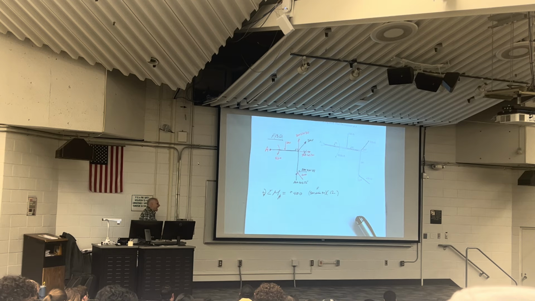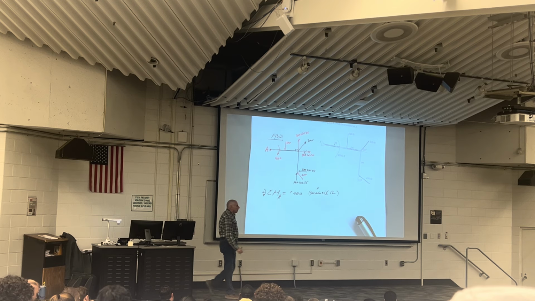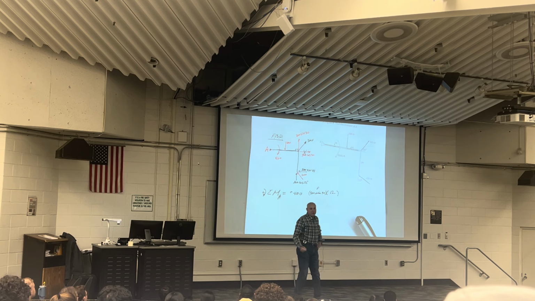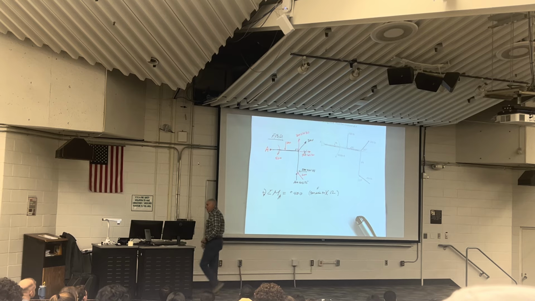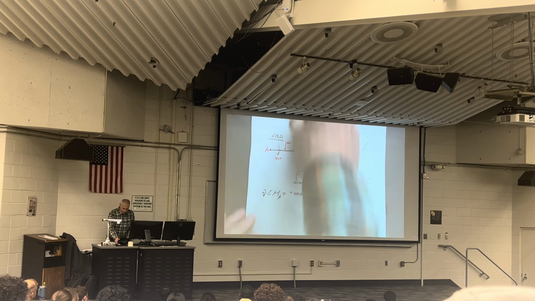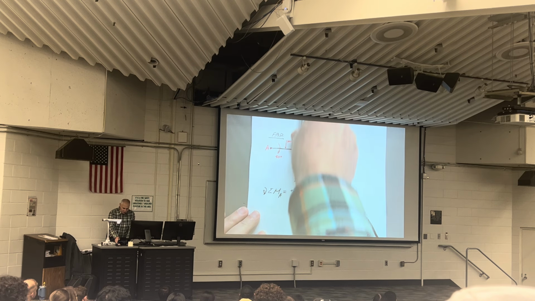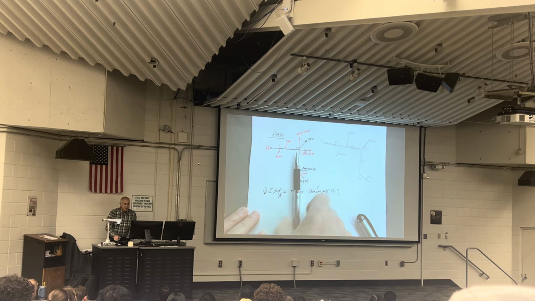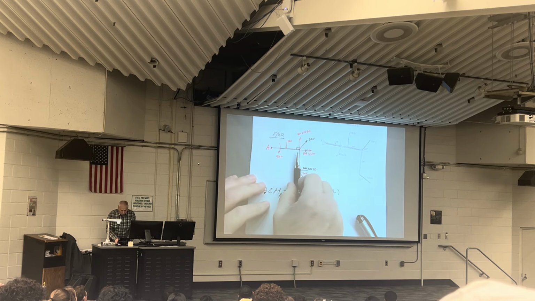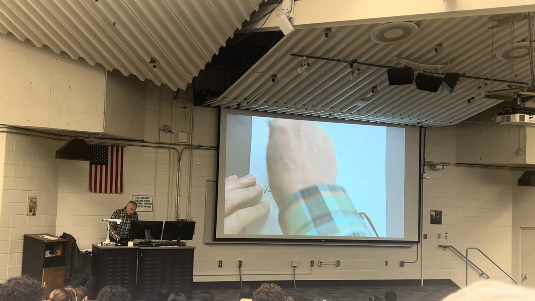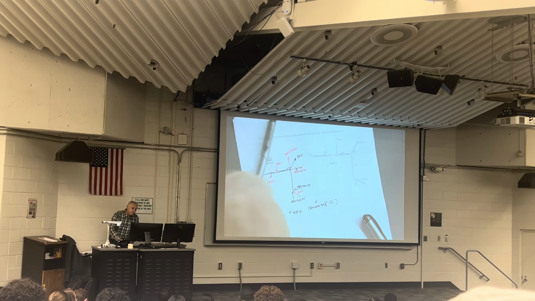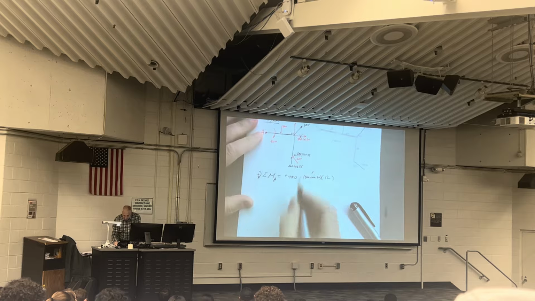I need to put a sign on it. I'm going to move this sucker along its line of action down to here like so. That would be the principle of transmissibility. I now go around A in a natural order. What is this? That's counterclockwise. Negative.